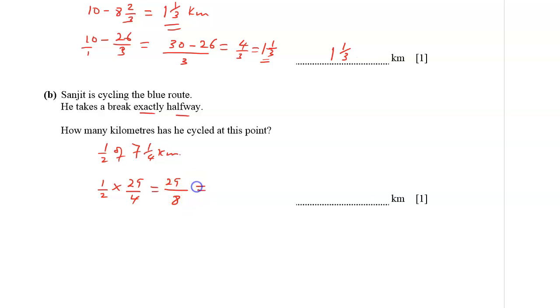Therefore, we can write this one as a mixed number. How many times does 8 go into 29? It goes 3 times. For 24, 29 minus 24, remainder 5/8. So he has already done 3 and 5/8 kilometers.